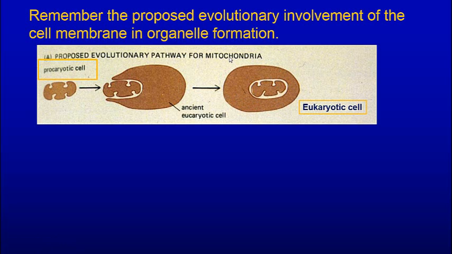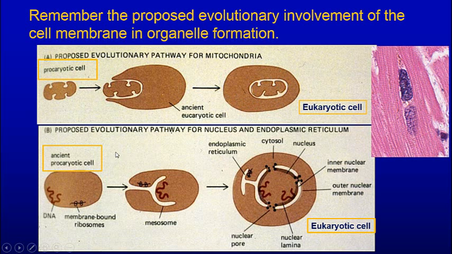A similar type thing is in the proposed evolutionary pathway of the nucleus and endoplasmic reticulum, and that is the plasma membrane or the cell membrane enfolded in around the DNA, which there is DNA and there are ribosomes in prokaryotic cells, surrounds this and brings in the double membrane, and is why the center part of the nuclear envelope is continuous with the cisternae of the rough endoplasmic reticulum.